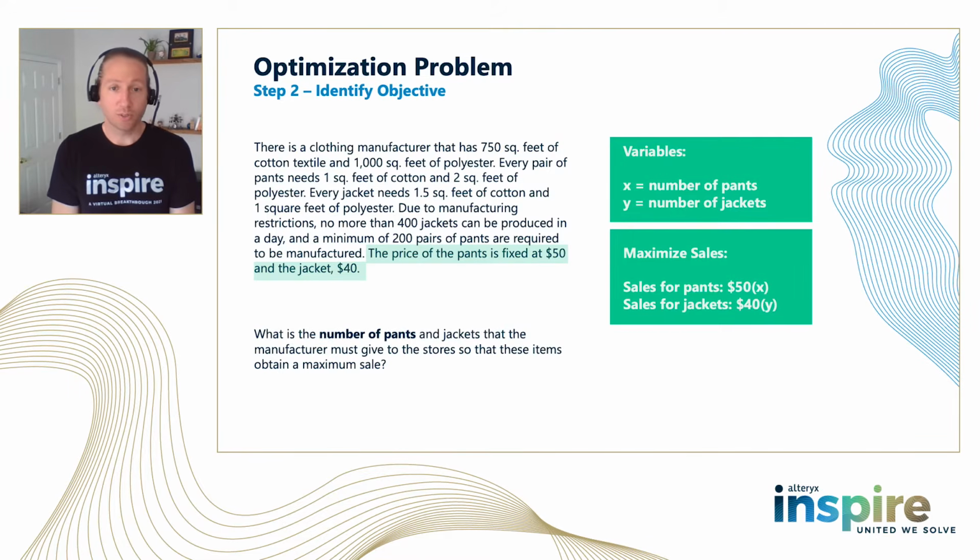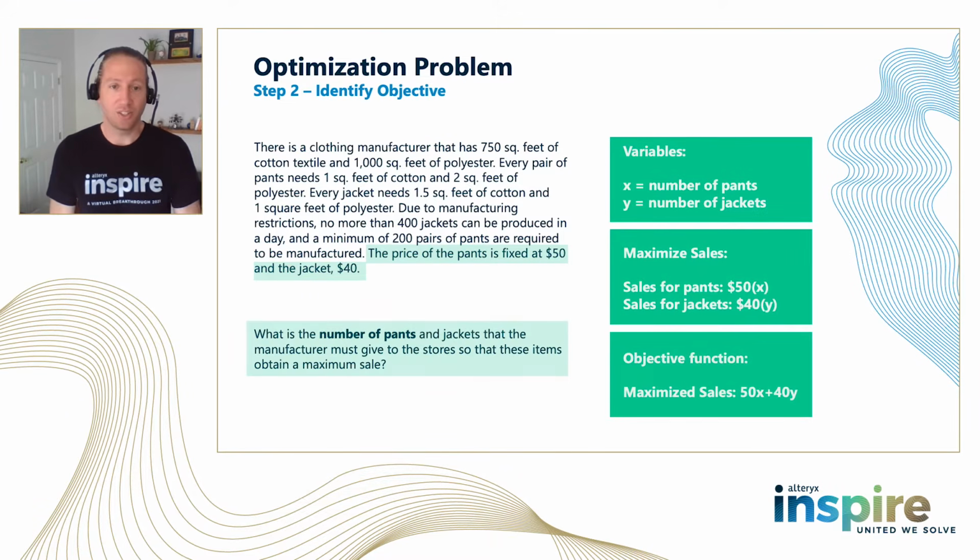We get $40 for every jacket that we sell, and we set jackets equal to Y. So we get $40 for every jacket, or Y, that we sell. If we add the two together, we get our objective function. Our maximized sales is equal to 50X, 50 pants, plus 40Y, 40 jackets.